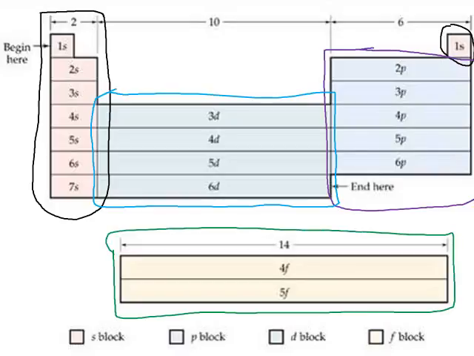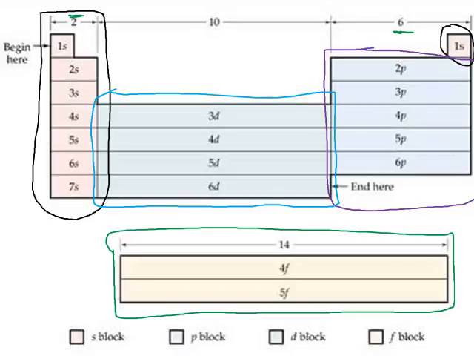Now, here's how this is going to work. Notice that for the S and the P blocks, they kind of go down in scaling. If we start from the top, first period 1S, second period 2S, third period 3S, fourth period 4S. That's because for the S and P blocks, the highest energy level can be seen from just the period.